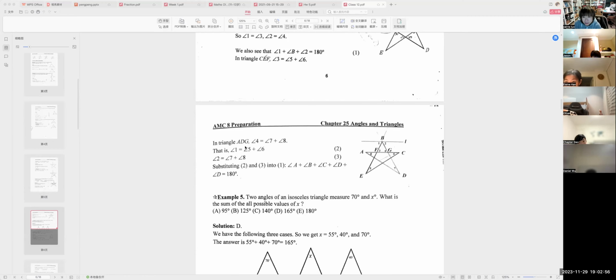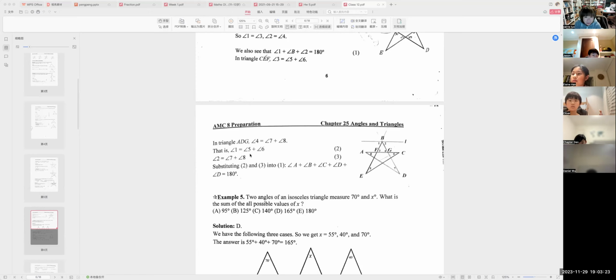angle 3 equals 5 plus 6, right? Because it's the interior one, right? And for the angle ADG, so angle 4 equals 7 plus 8. Angle 1 and angle 3 are the same.